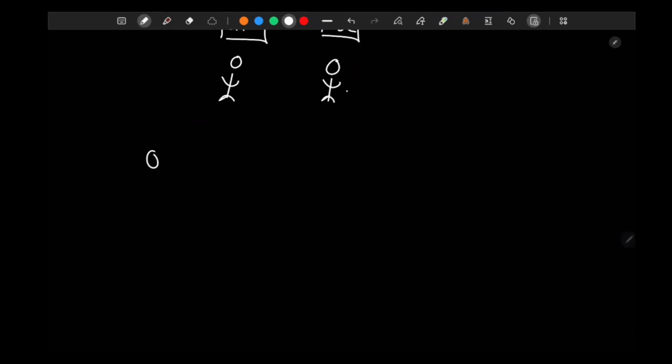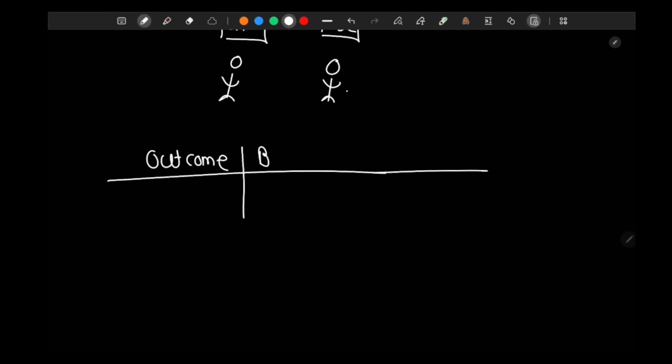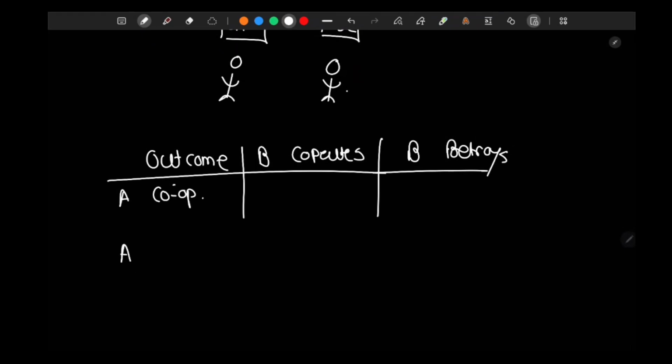I will make you understand it with a matrix. There is the outcome. B, right? Not Shah Rukh and Salman, but we'll do A and B. B cooperates, B betrays; A cooperates, A betrays.